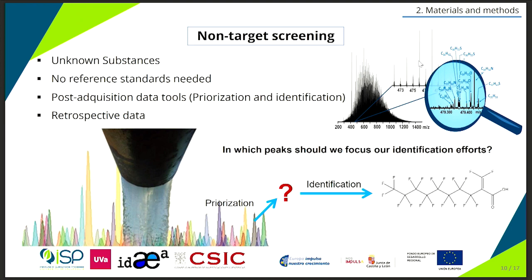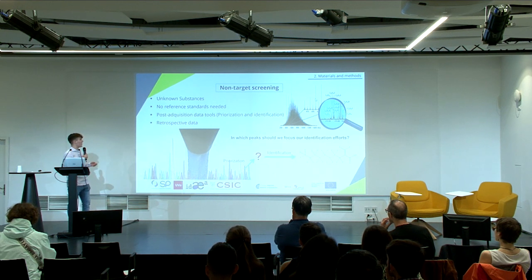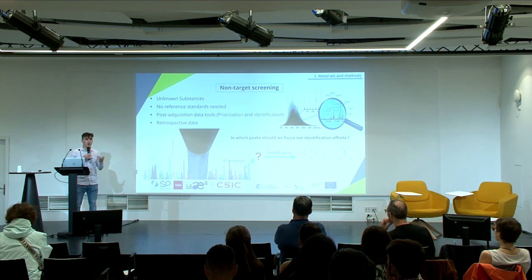This means that we don't need to buy the standard, we don't need to pre-select the chemical before the analysis. We can do the analysis, and once we have done the analysis, we can look for all these chemicals. So it seems to be much better, but we need to be clear that we need acquisition data tools much more complicated.